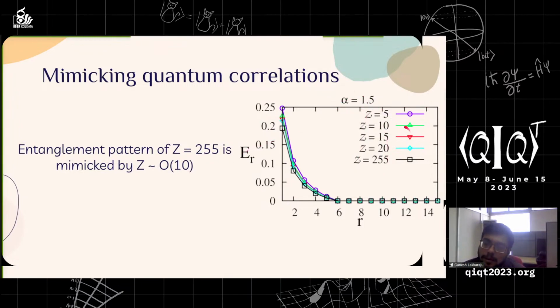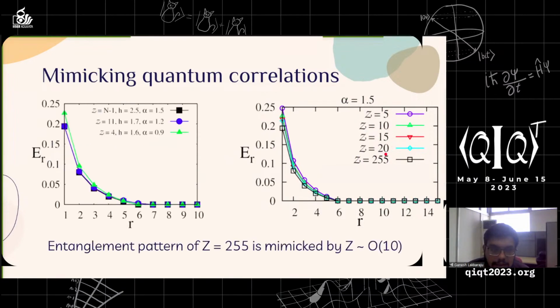Now we further go on to show it's not even necessary to connect these many spins. If we decrease the amount of alpha, that is, strengthen the interaction between these spins, the corresponding z equal to n-1, that is the black boxes, this behavior can be simulated by even z equal to 4 with alpha equal to 0.9.